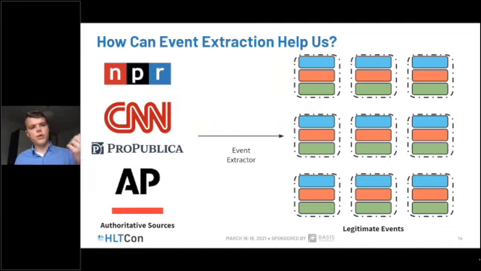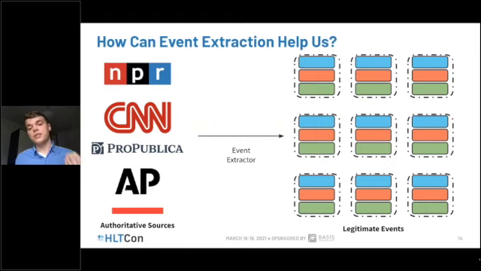So what we're trying to identify here is a list of sources which are going to give us a stream of events that we can be reasonably certain actually transpired. And I've listed mainstream news sources here, but conceivably this could be anything such as intelligence reports or anything else.